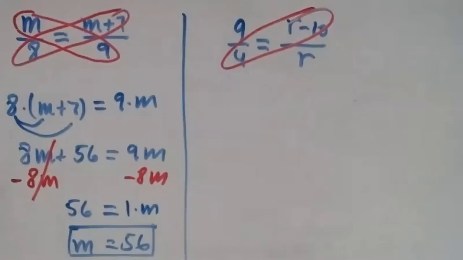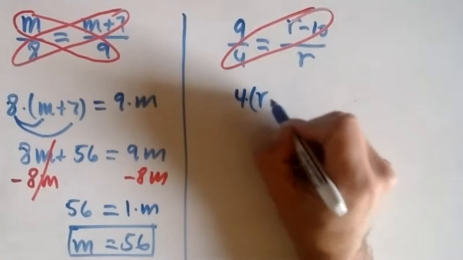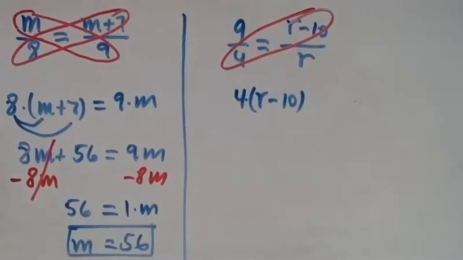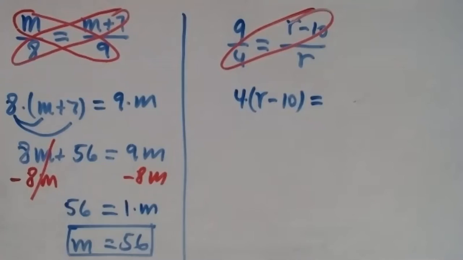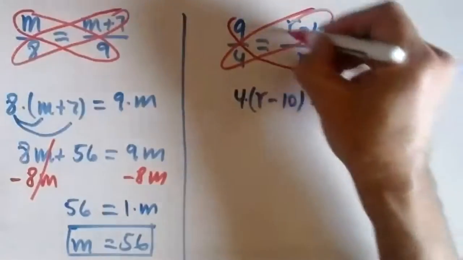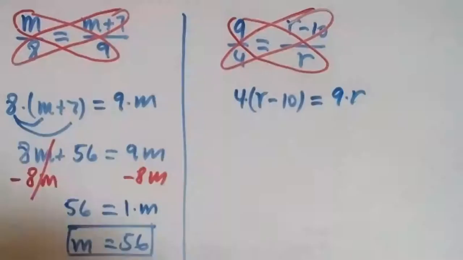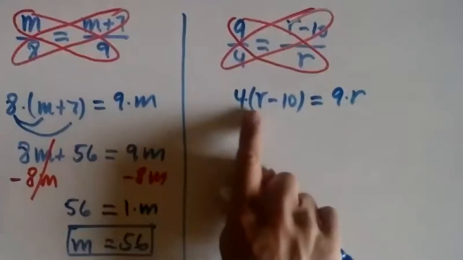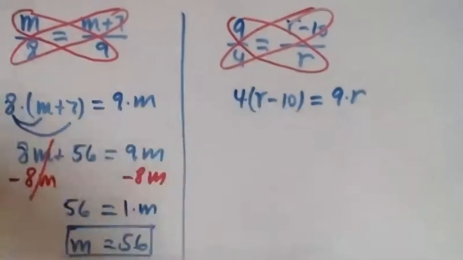You multiply 4 times r minus 10 in parentheses, then you multiply the members in the other diagonal, and that has to be equal to the other product. 4 times r minus 10 equals 9 times r.